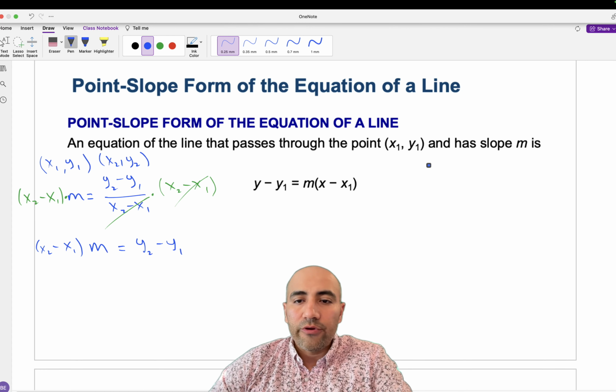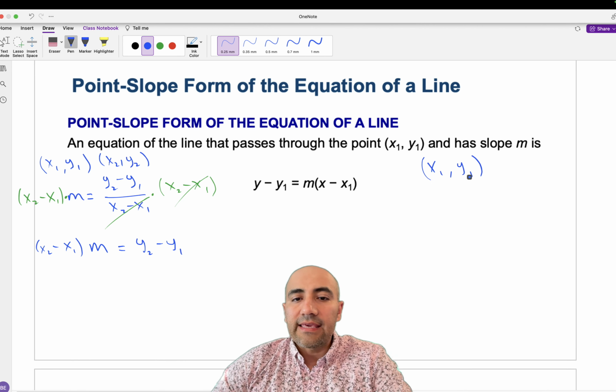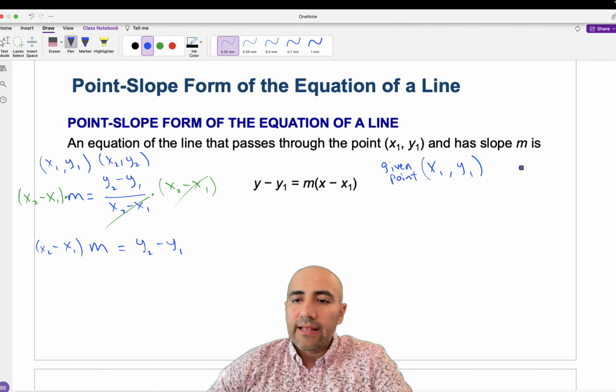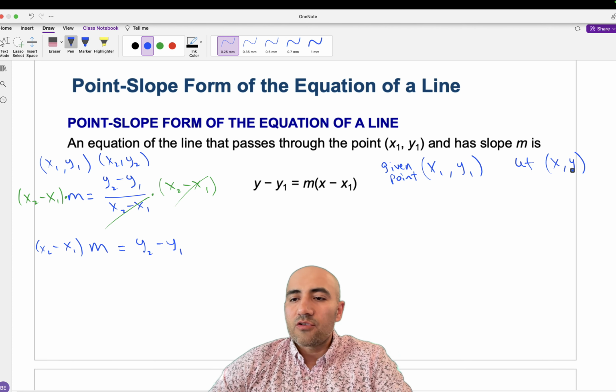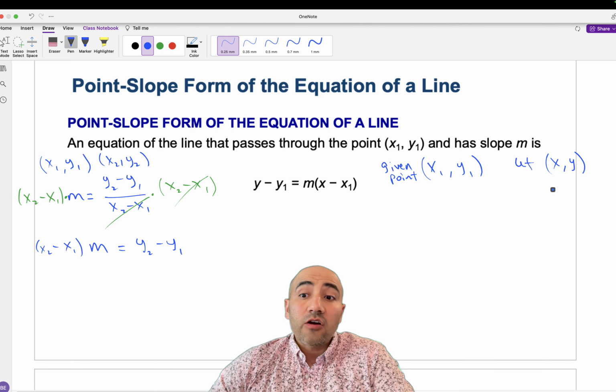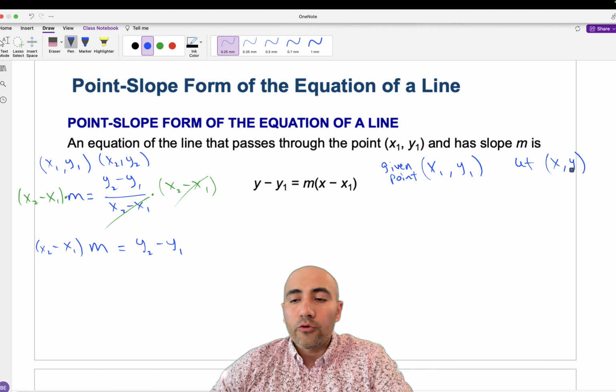So now if we use x sub 1 comma y sub 1 to be a given point, and we let x and y, without any subscripts, just be any arbitrary point, right? Any ordered pair that's on the line, then we get this formula right in here.